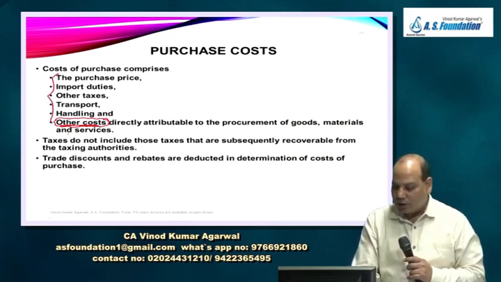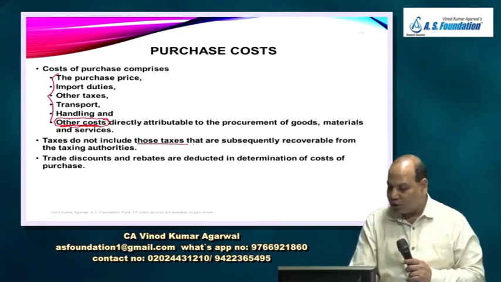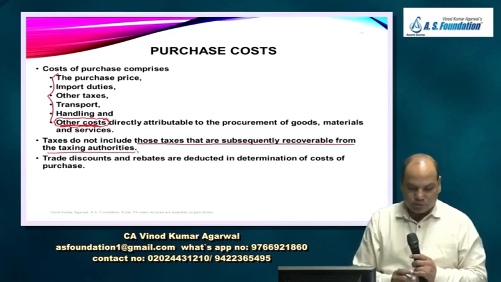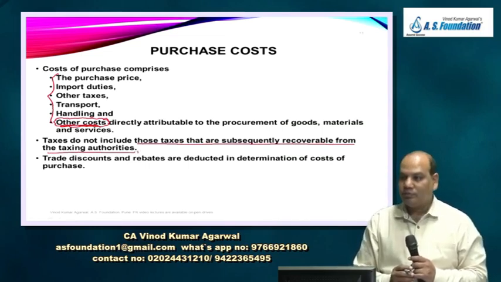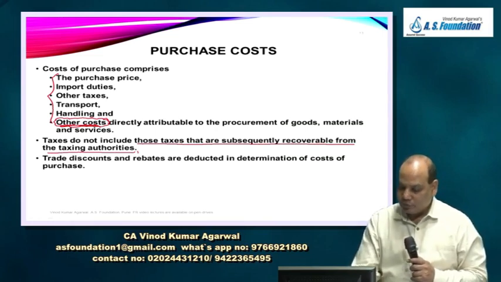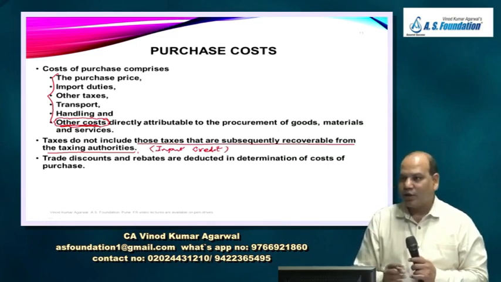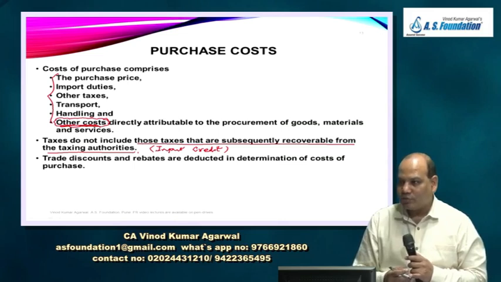And after adding all these items, taxes will not include those taxes that are subsequently recoverable from the taxing authorities. Example, input credit. Okay. In some countries, if you pay tax on input, you can set it off against the tax payable on finished goods.